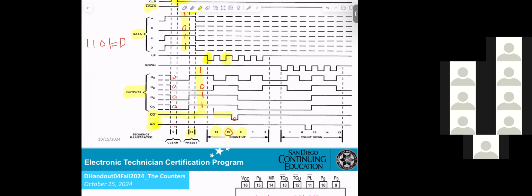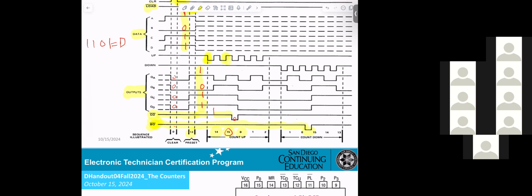And another output here, borrow. The borrow output is normally high, and goes low at 0. So carry does it at 15, borrow does it at 0, and they're both logic 1.